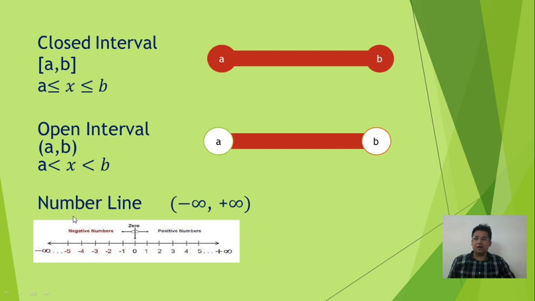And the number line is always from minus infinity to plus infinity, and towards infinity we always use an open interval. We use round brackets towards both minus infinity and plus infinity.